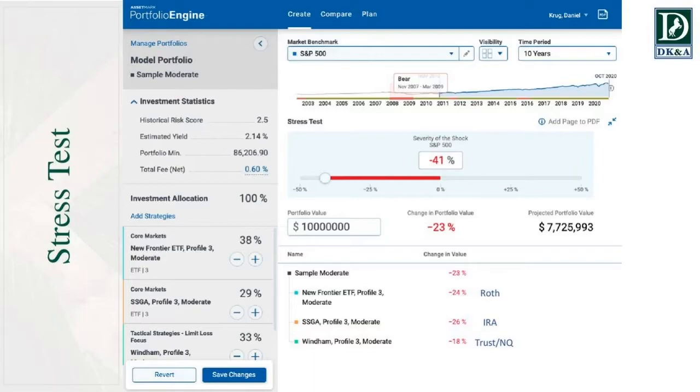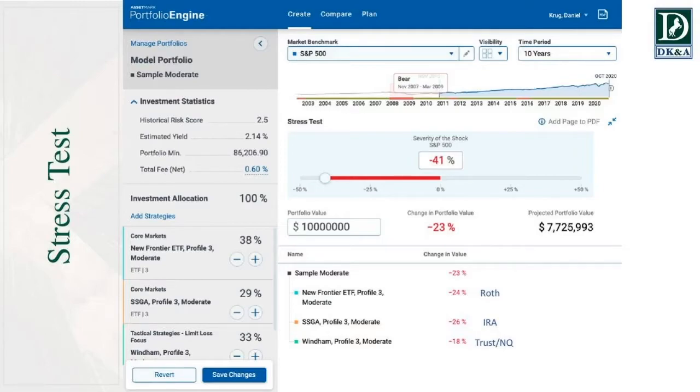We take their portfolio and enter it into a program called Portfolio Engines. Portfolio Engines is very, very dynamic. It allows us to really do stress testing as we put this portfolio together, to make sure that we're following those parameters set forth in the investment strategy meeting. So when you look at this screen here, this is a typical screen in Portfolio Engines.